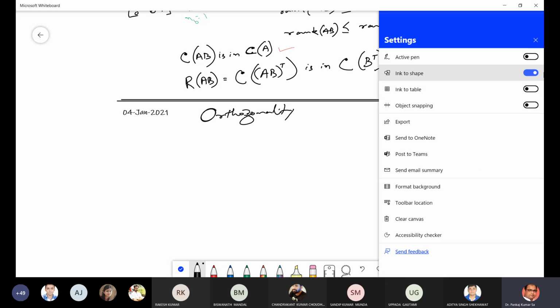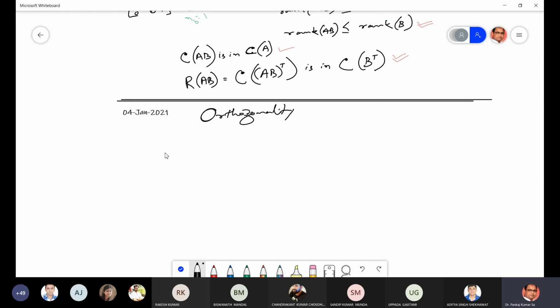This particular orthogonal creature comes quite often in linear algebra.